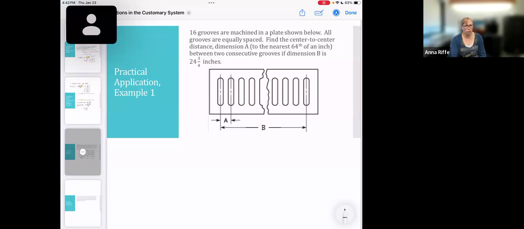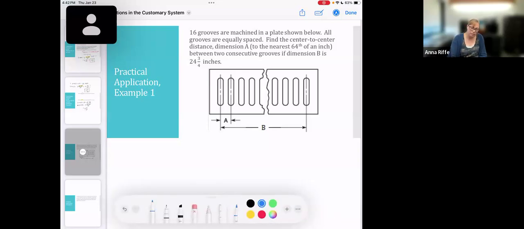Not all the grooves are shown, just a portion of it to help us get an idea of what's happening. All the grooves are equally spaced. We want to find the center to center distance, dimension A, to the nearest 64th of an inch between 2 consecutive grooves if dimension B is 24 and 3/4 of an inch.